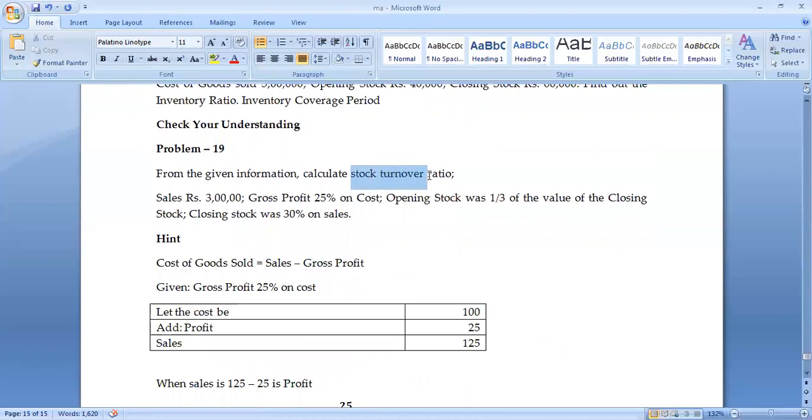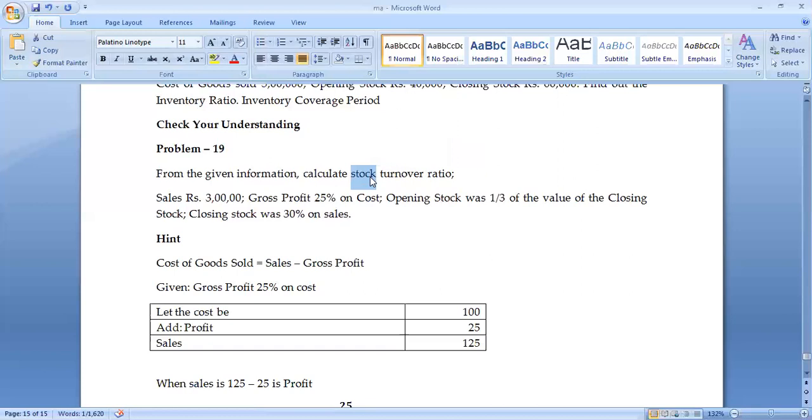If you're getting confused with the many formulas, keep only the hint and study. Whenever there is a stock turnover ratio, it takes the average stock. So what is average stock? Opening stock and the closing stock. And it also takes the cost of goods sold information, that's all.